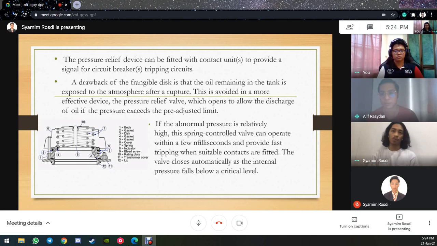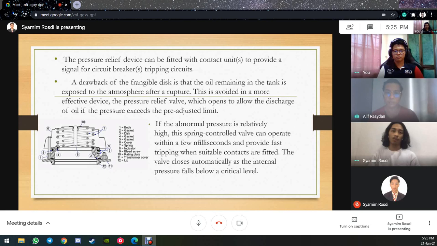This is avoided in a more effective device, the pressure relief valve, which opens to allow the discharge of oil if the pressure exceeds a pre-adjusted limit.